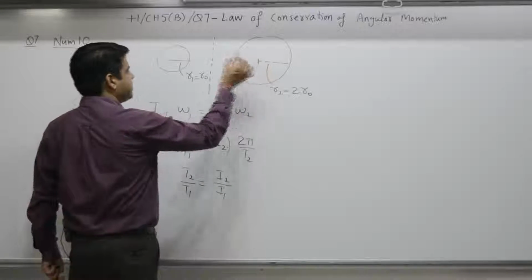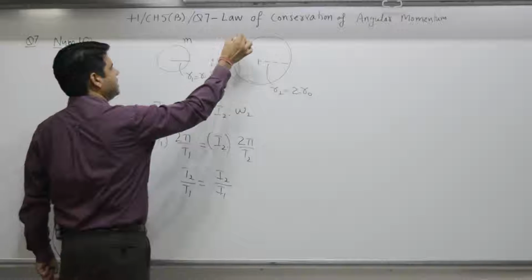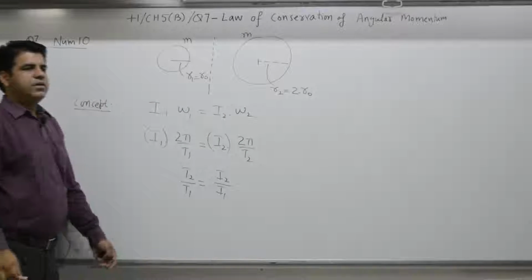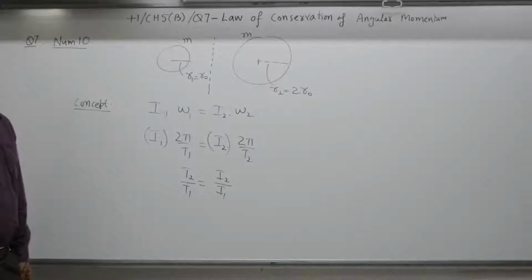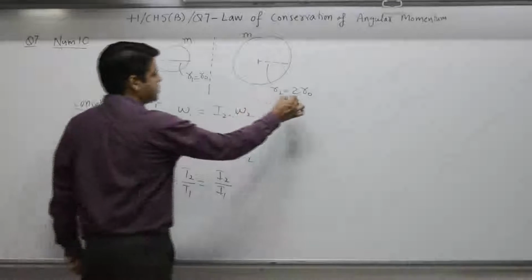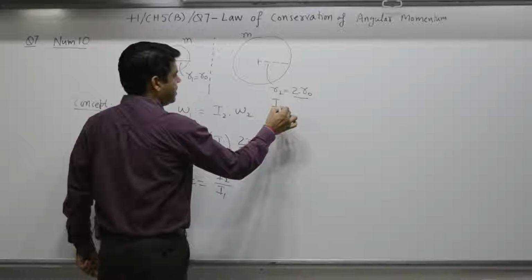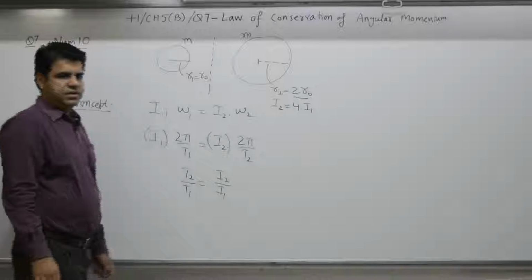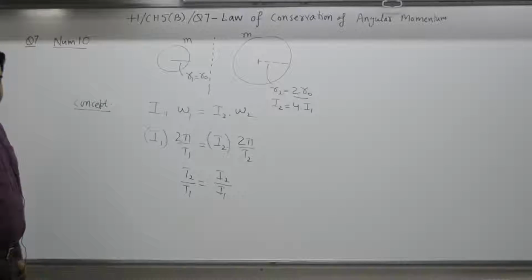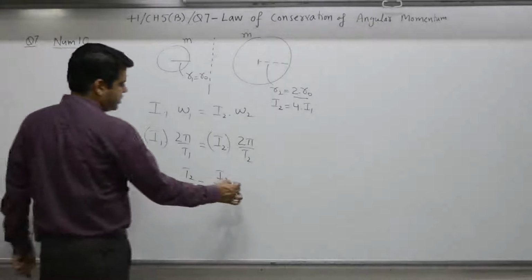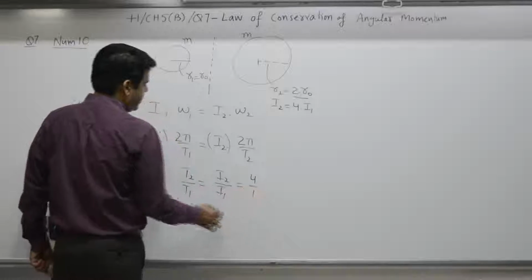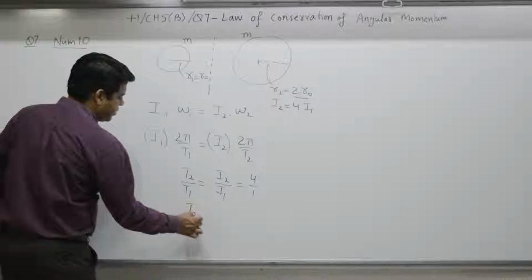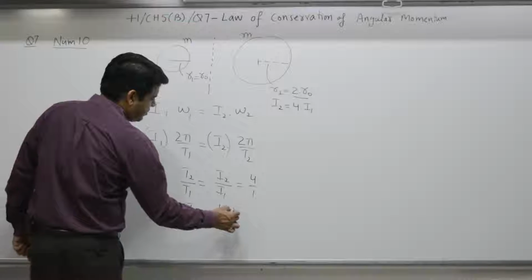In the second case, mass remains the same, M and M. What is the moment of inertia in the second case? M into R square. Radius is 2 times, so the moment of inertia is 4 times. So 4 by 1: T2 is equal to 4 times T1.